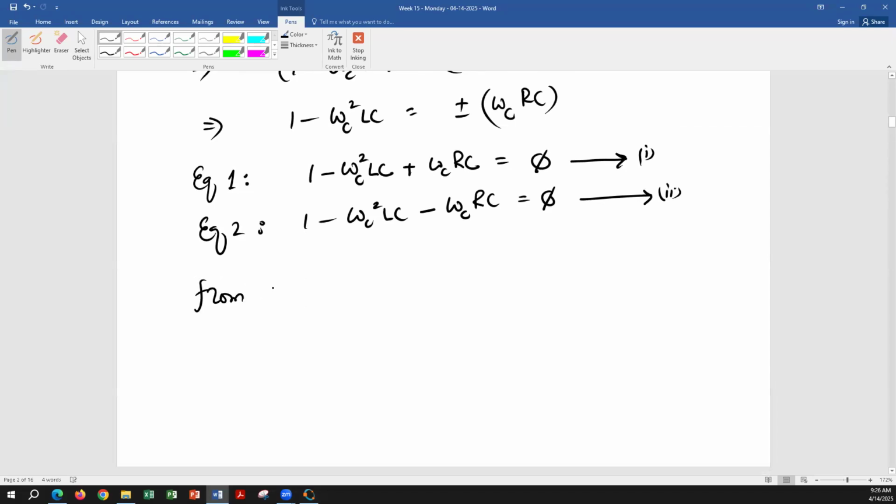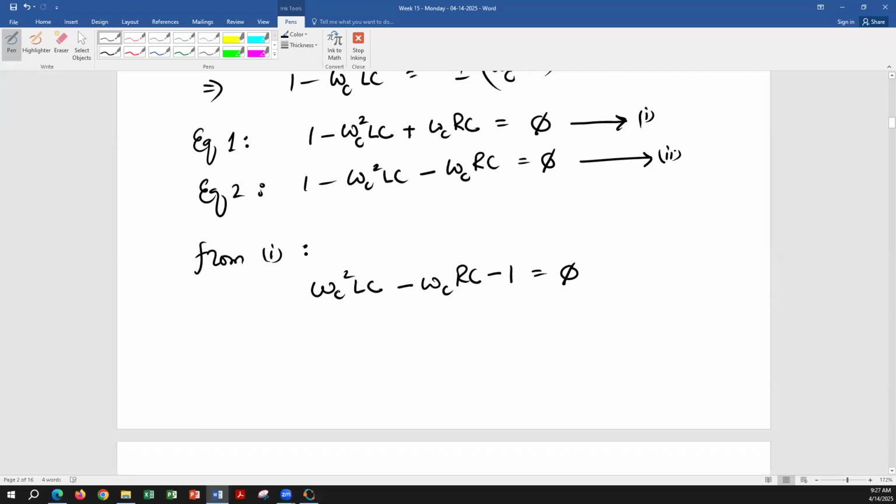So from equation number 1, let's rearrange the terms, because omega c, of course, is what we are looking for. We're going to multiply both sides by -1. So that's going to become omega c square LC minus omega c RC minus 1 equals 0.